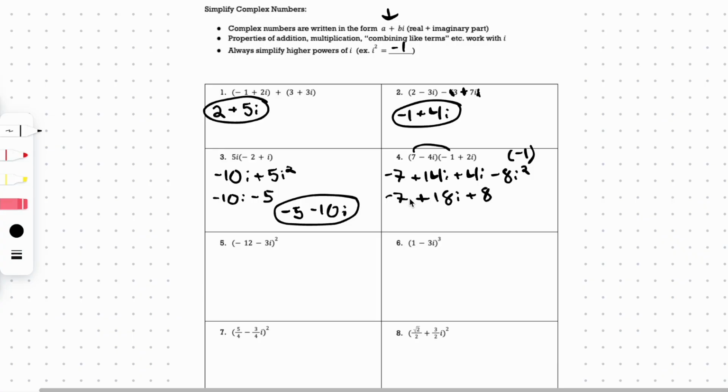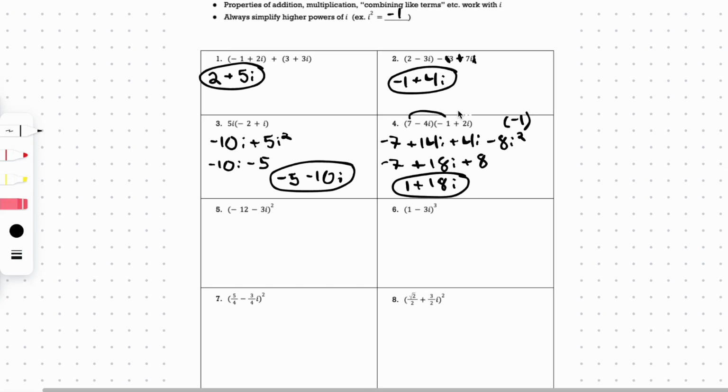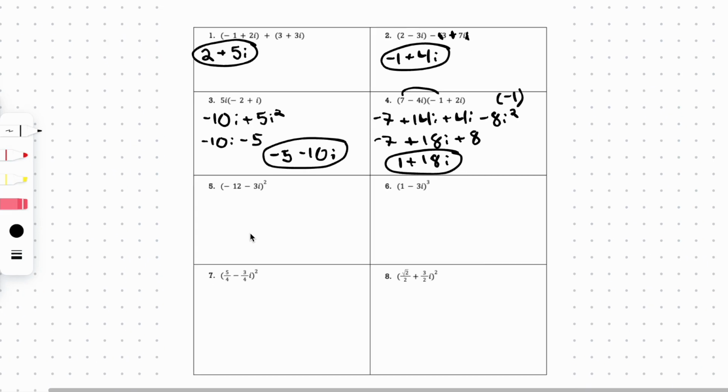And then we can combine like terms here. So negative 7 plus 8 is just going to be positive 1. So we do 1 plus 18i. Great. With our imaginary term being our second term. So you can sort of use this to help you with this quadratic.